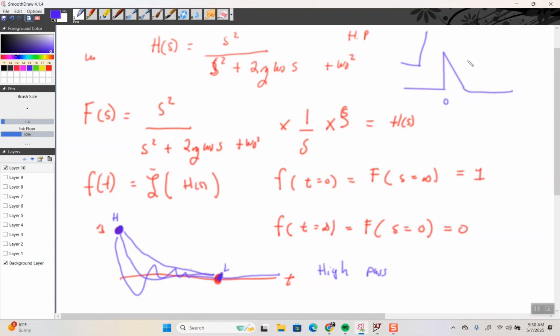Okay? So yeah, the question is this, it starts at 1, well, it does jump with infinite slope. We know it's not infinite, but it looks pretty close to infinite on the oscilloscope unless you zoom in. Okay. All right.